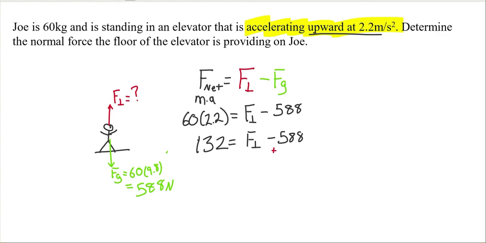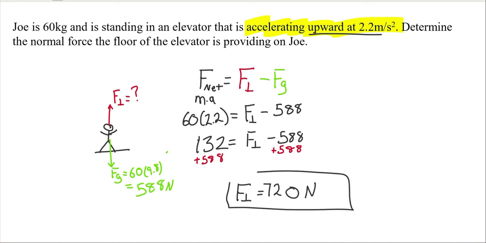So to cancel that, we add 588 to both sides. And we should see here our normal force is going to equal 720 newtons. The normal force is in fact larger than the gravity when an elevator is accelerating upward. Let's look at our last problem.